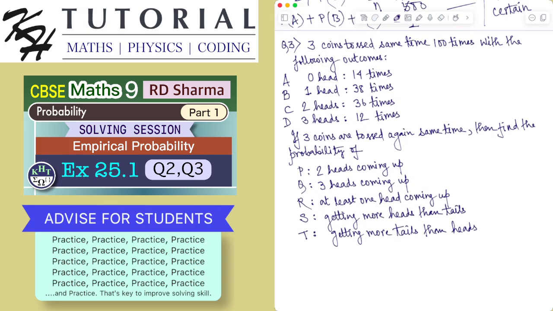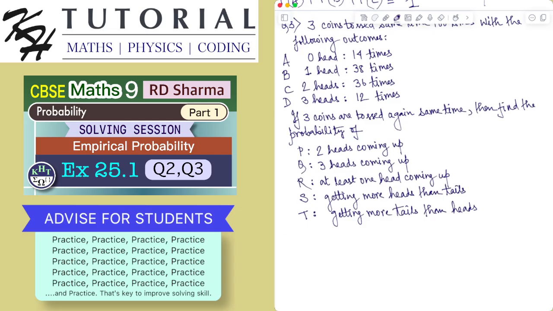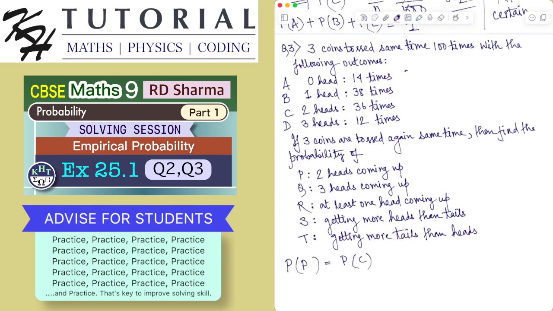Let's understand the event P. 2 heads coming up is the same as event C. So probability of P will be equal to probability of C, based on the given information of the experiment. 3 coins are tossed at the same time, which is performed 100 times, in 100 trials.